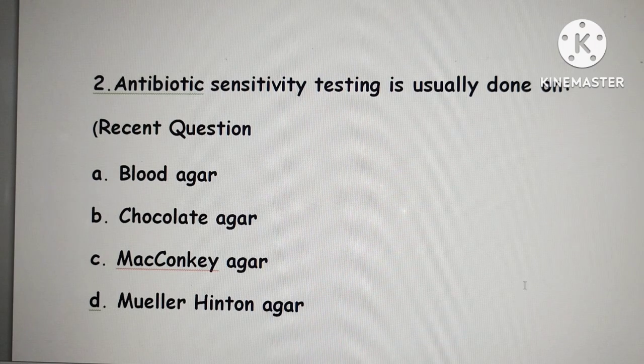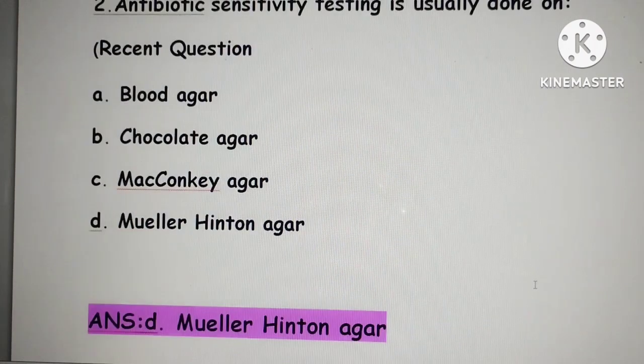Always, antibiotic sensitivity is usually done on Mueller-Hinton agar, except for some fastidious organisms, like Streptococcus pneumoniae, where blood agar will be used. Other than that, if they are asking antibiotic sensitivity, the only agar here is Mueller-Hinton agar.